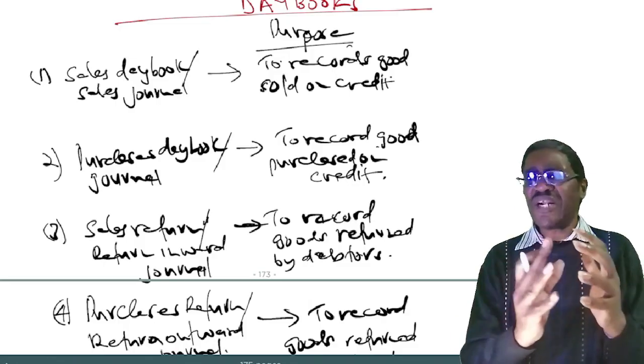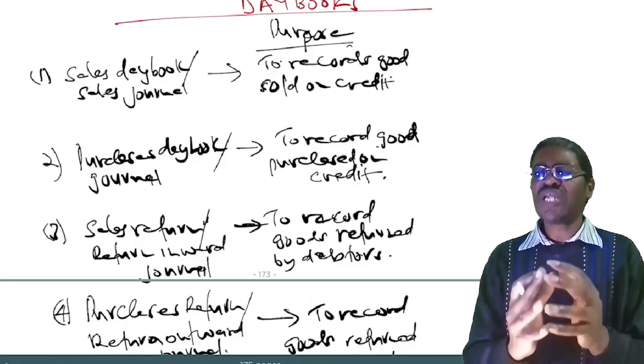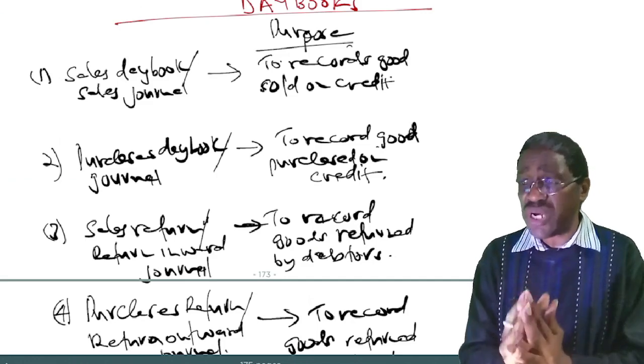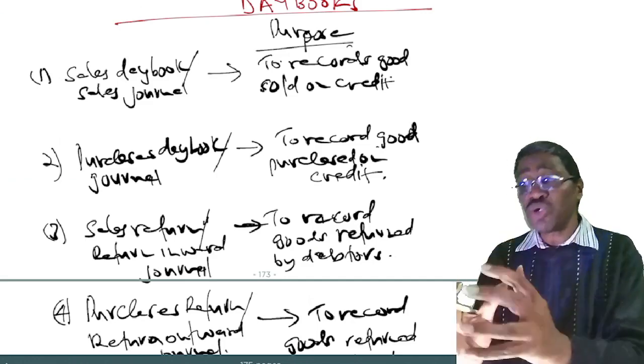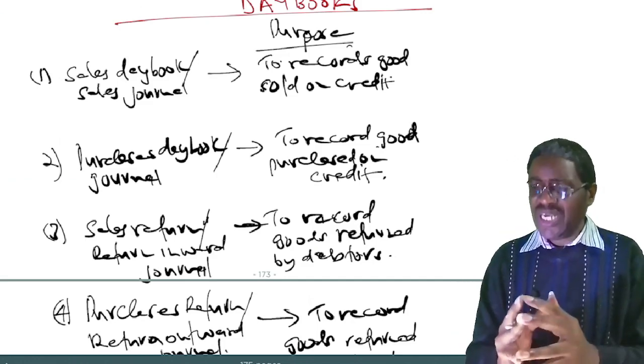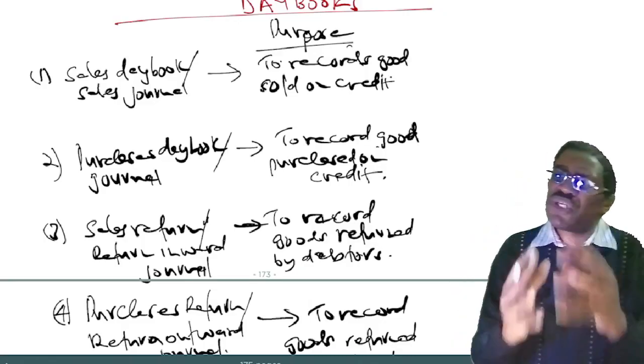There must be a document that tells you that you have sold goods on credit. This is the information. Where will you pick the information from? In other words, what is the supporting document?